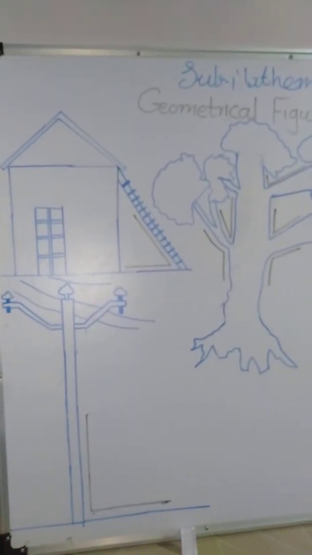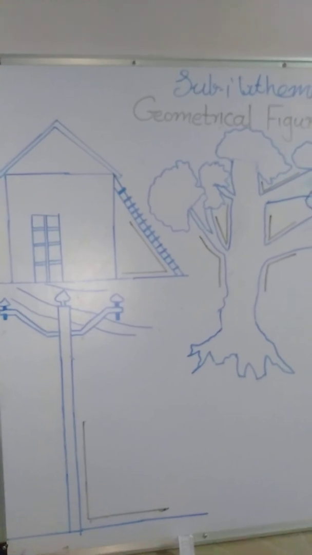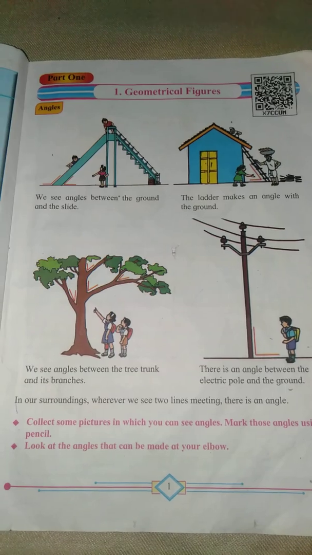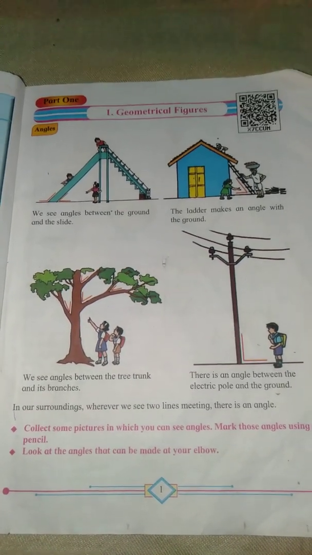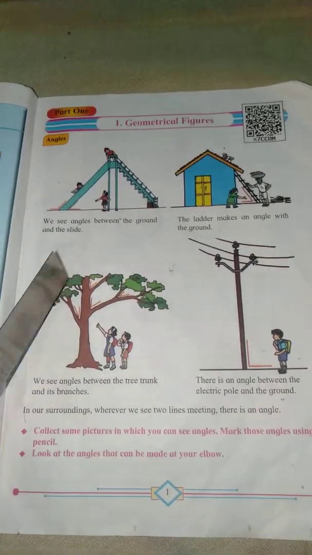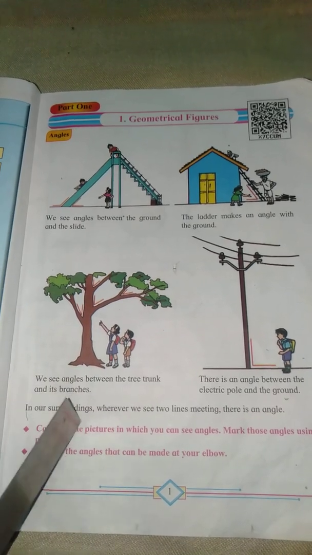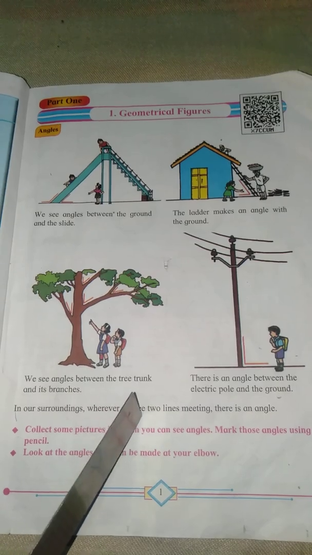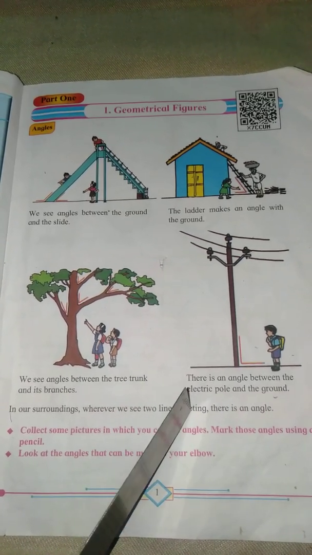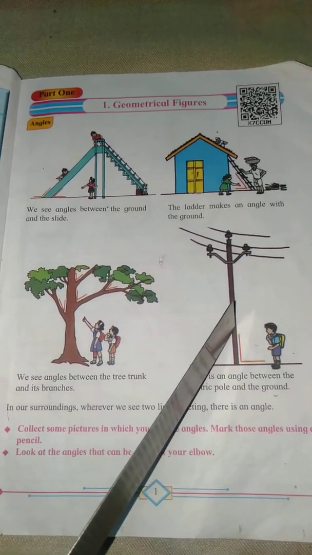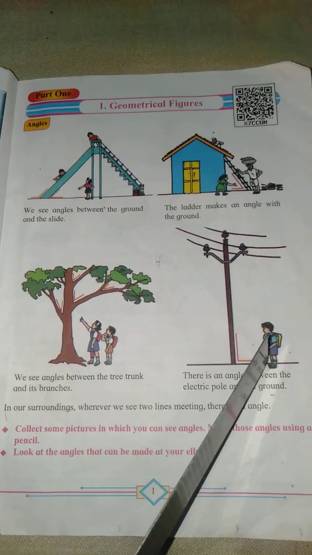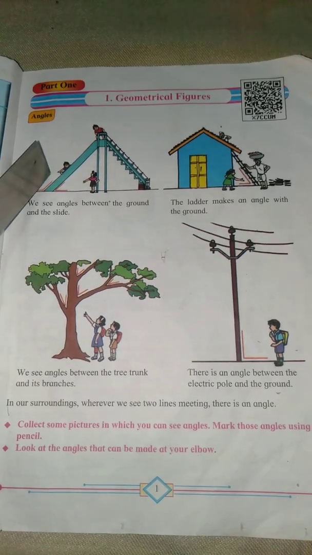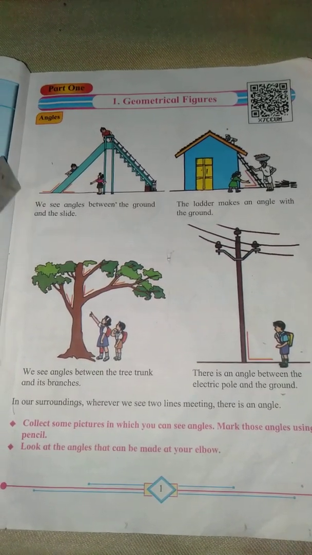Now I am asking you one question: what have you learned from these examples? Actually, we have learned from all these examples in our surroundings that wherever we see two lines meeting, there is an angle.